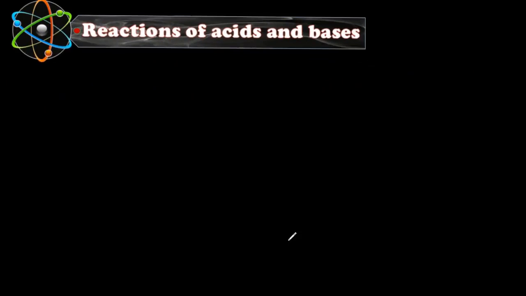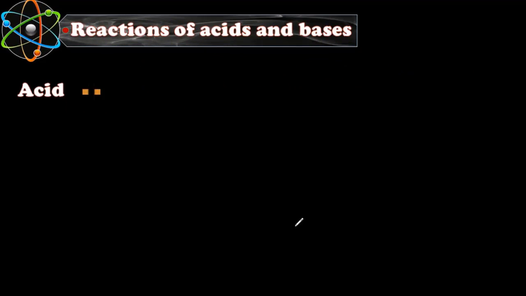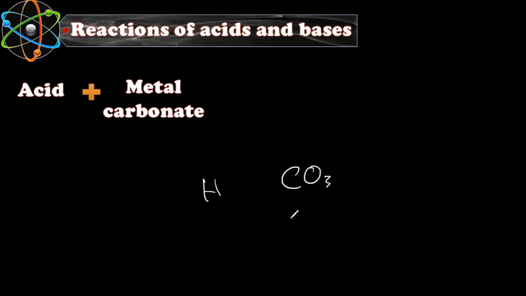Let's look at another reaction, acid plus metal carbonate. Now carbonate, because the acid has hydrogen and carbonate is CO3. Metal carbonate is a metal with CO3. For example, calcium carbonate. This is metal carbonate.